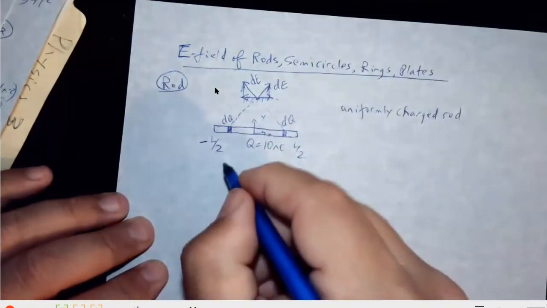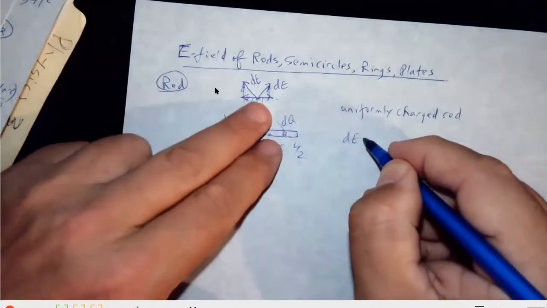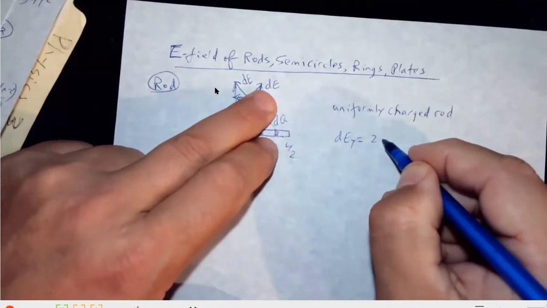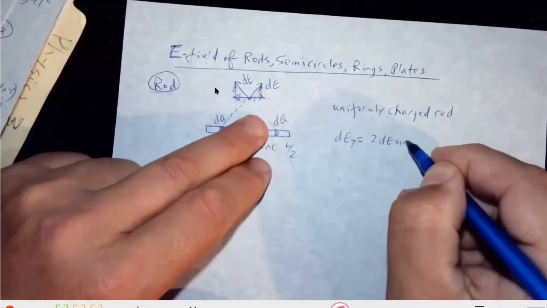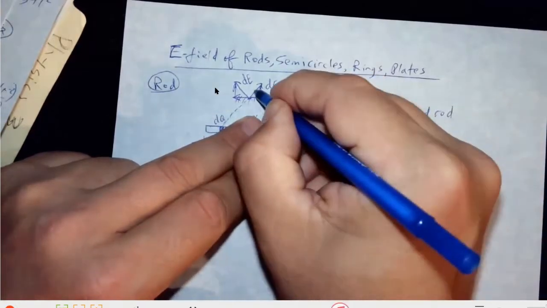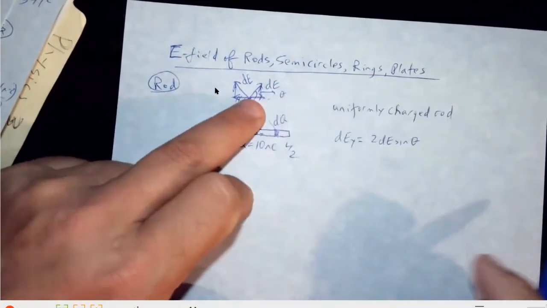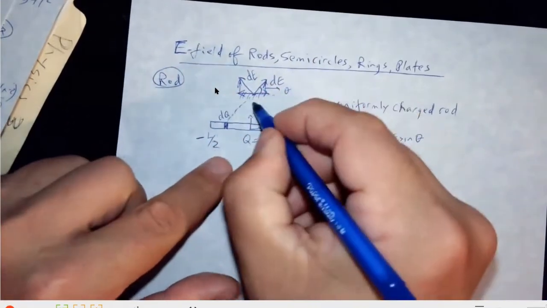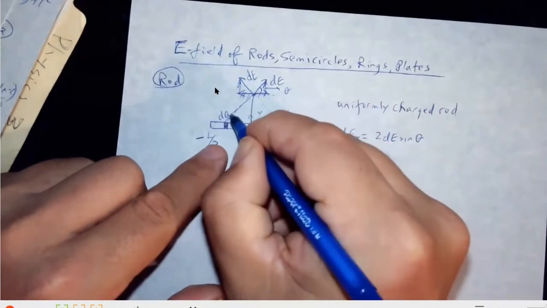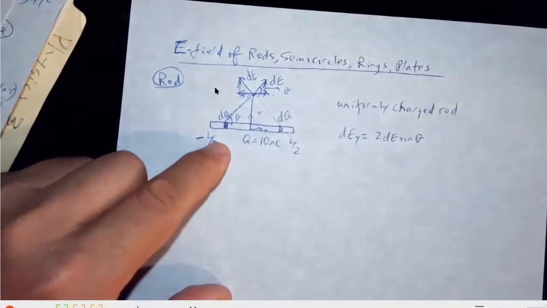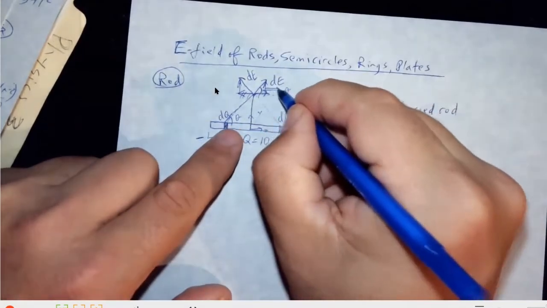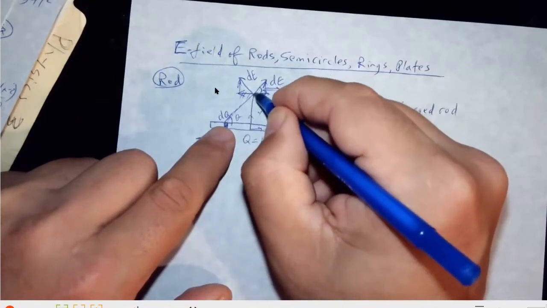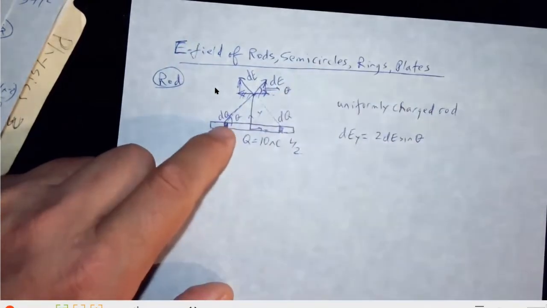So dE y is going to be 2 dE times sine of theta, which is this angle here. I'm going to define the angle that the dE makes as theta, and by similar triangles, that's also this angle, theta, because the electric field it creates is radially away from that charge.